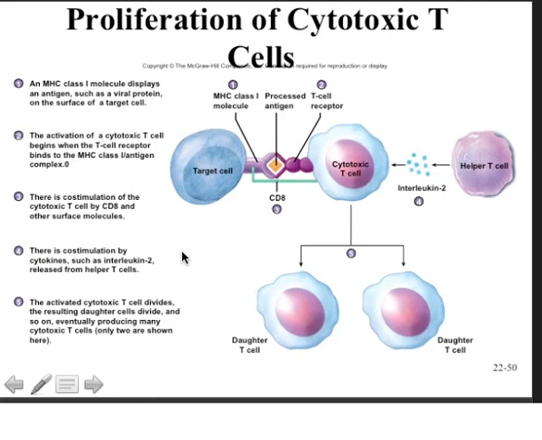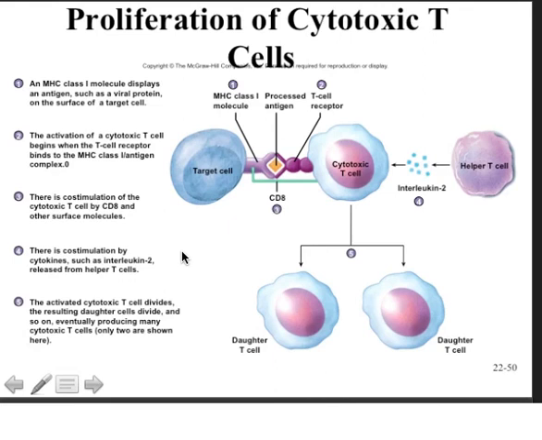This is just a look at how cytotoxic T cells are stimulated to proliferate. It's very similar to the way that B cells are stimulated to proliferate. An MHC class 1 molecule displays an antigen like a viral protein on the surface of the target cell. The activation of a cytotoxic T begins when the T cell receptor binds to the MHC class 1 antigen complex.